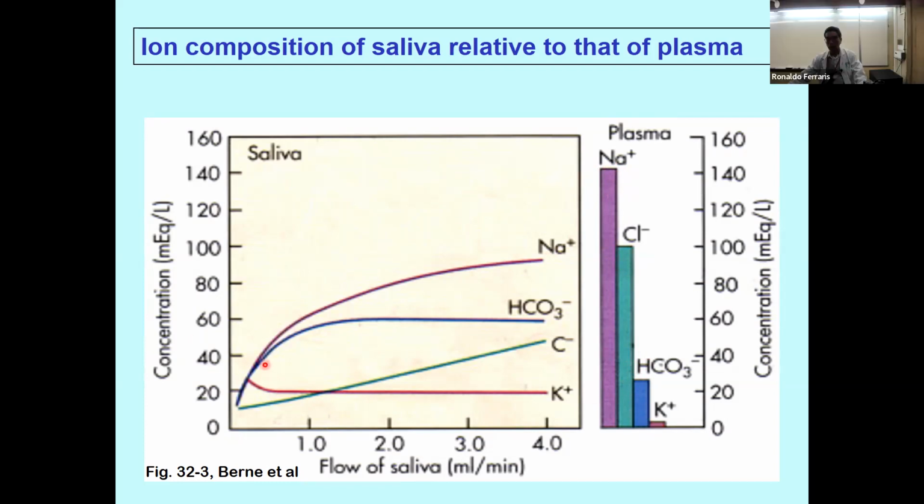So you can actually see that the bicarbonate concentration in saliva is higher than that of plasma, especially when flow rates are higher. So to maintain healthy teeth, you actually need to maintain a relatively high flow rate of saliva.